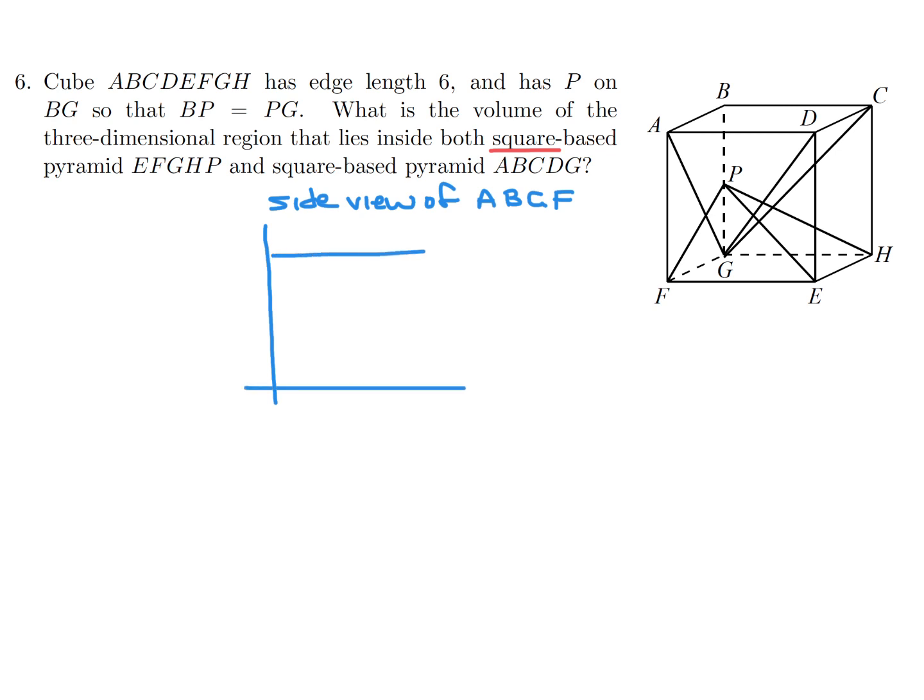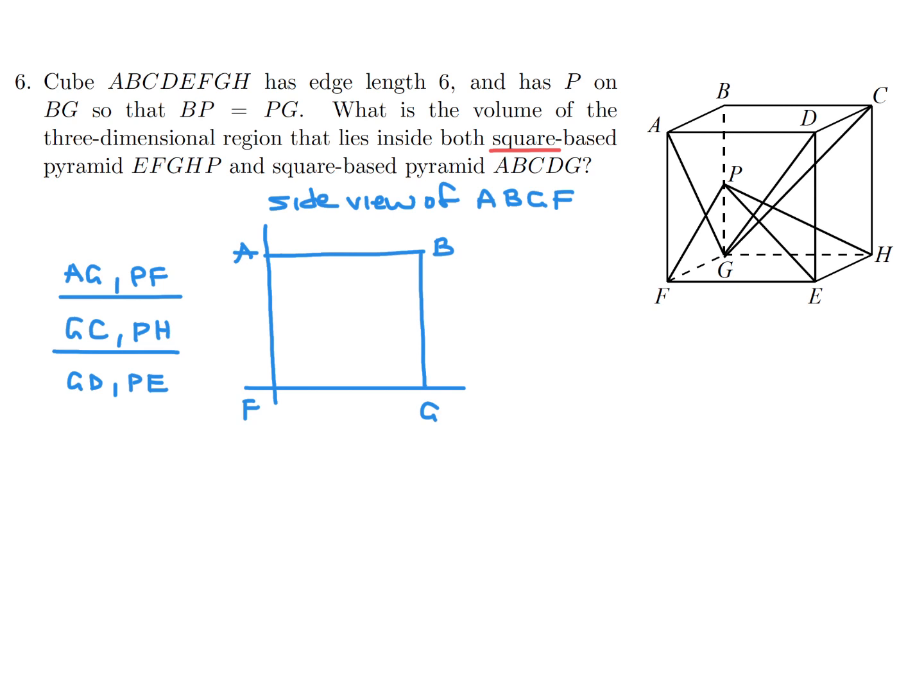So here we go. So this is A, this is B, G, and F. And what I'm trying to do is figure out where they intersect. What I'm particularly referring to is the lines AG and PF. Where do they intersect? And then later I'll discuss where is the intersection of lines GC and PH, and then we might talk about GD and PE.